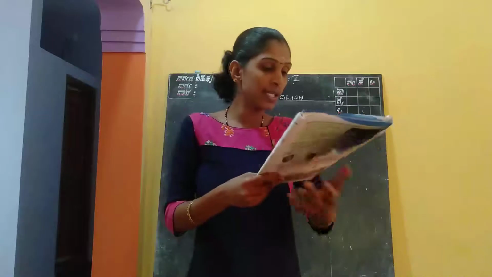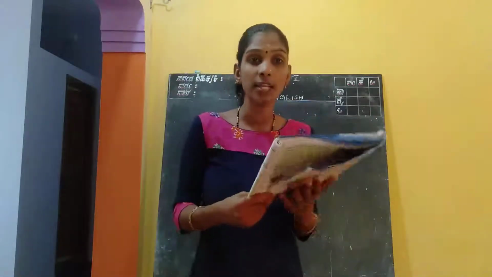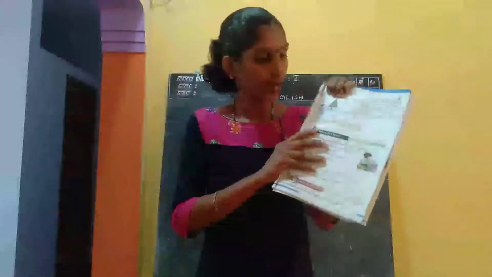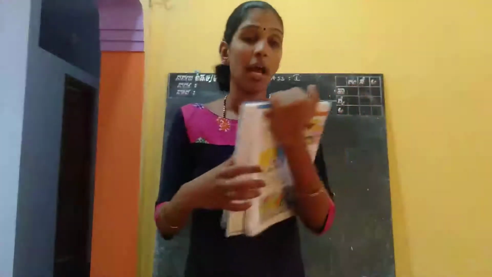And next: winter is Gulgul's favorite season. Which is Gulgul's favorite season? See, in the last line we can see what she told: I love all seasons. Gulgul loves all seasons, but winter is her favorite season.